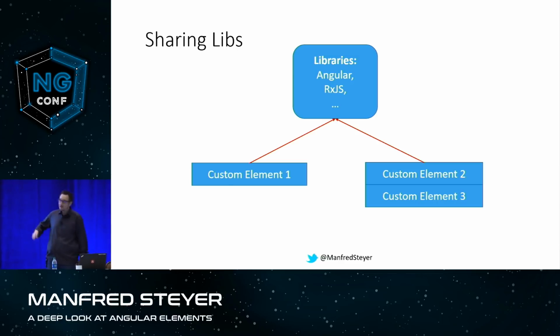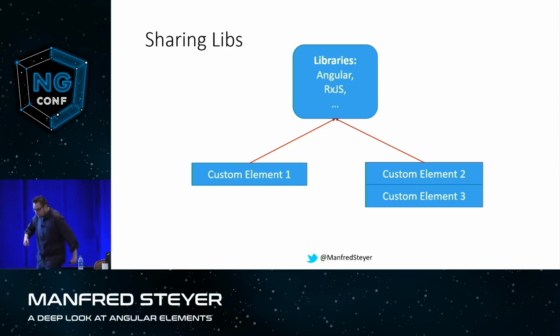What you can do is something like this. You can load the libraries once into your browser, and then you can reuse those libraries within your bundles. That means we are doing what we have done back then with jQuery. We load it into our global window object, and then all the bundles will reuse it.